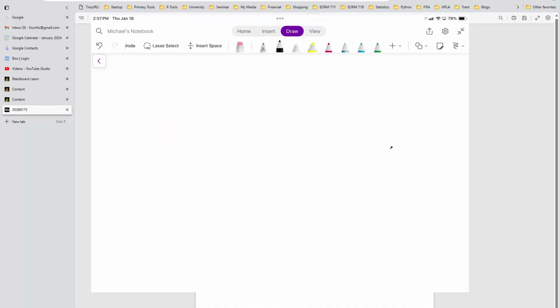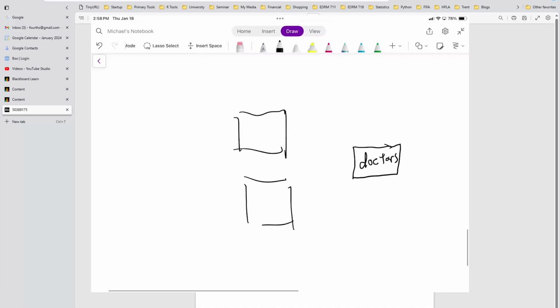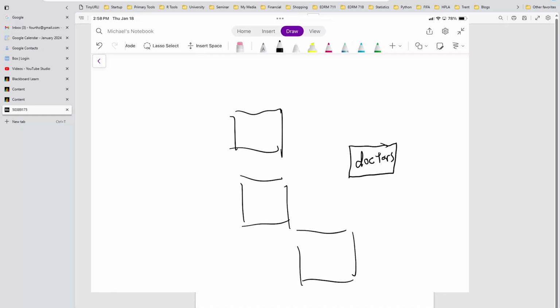So our response variable here is going to be the number of physicians we have. We'll call that doctors. And then we have three potential explanatory variables. And our simple model that we're going to start with, later on in other units will get a little bit more complex, is looking at the possibility of any of these three explanatory variables or some combination of those influencing the number of doctors that go into the city.